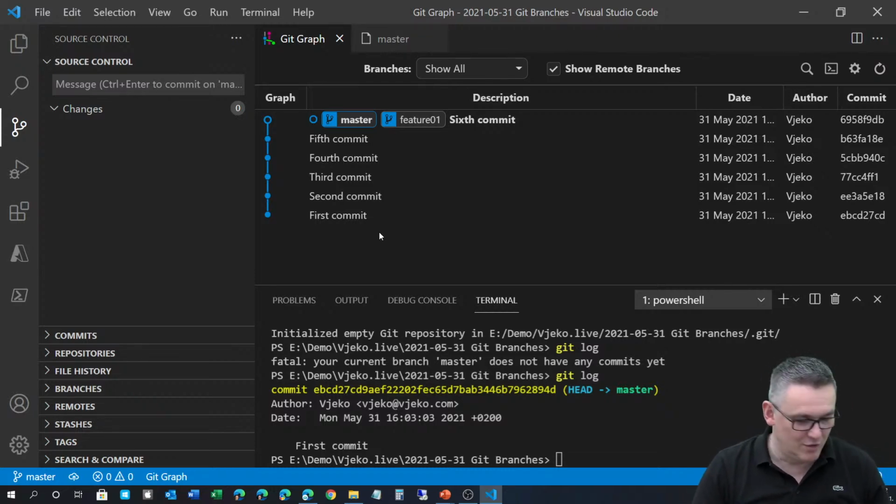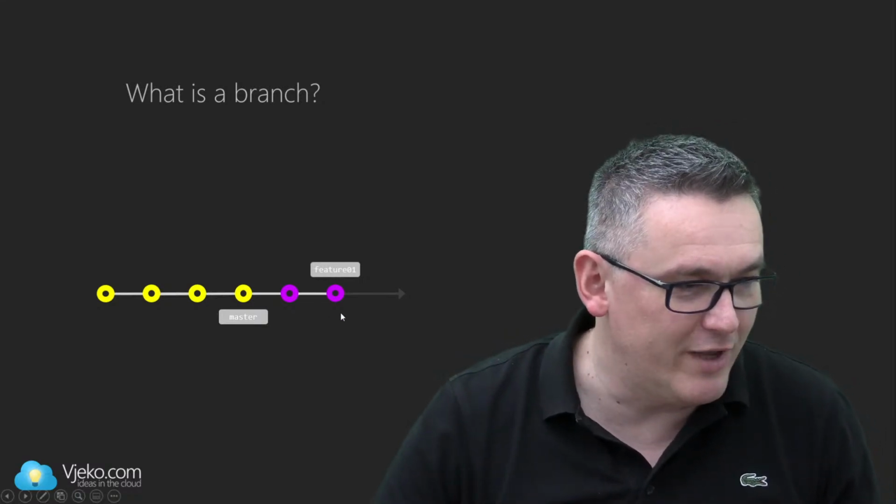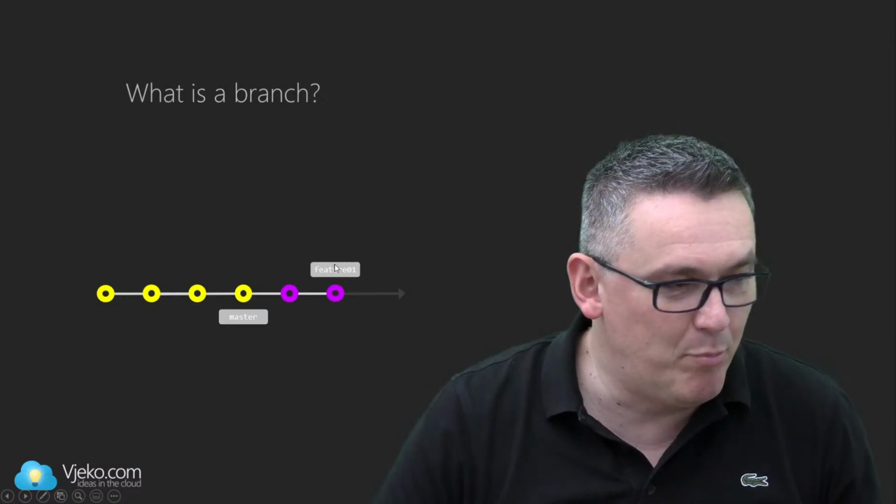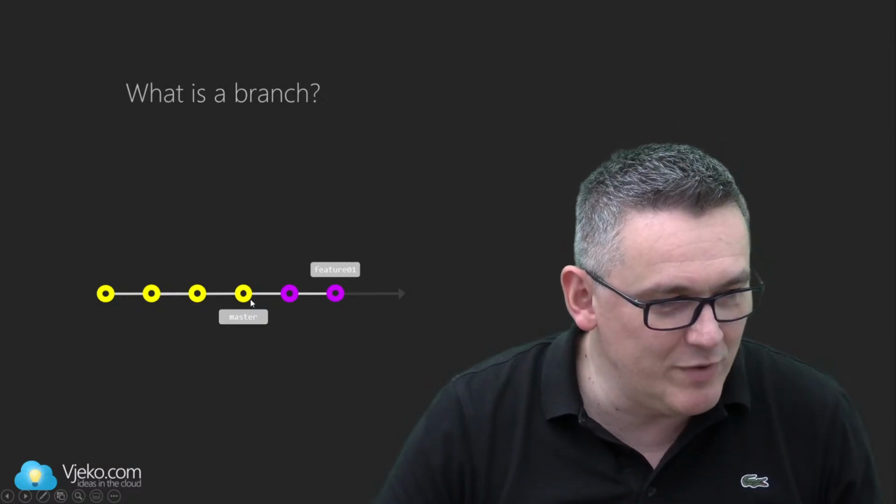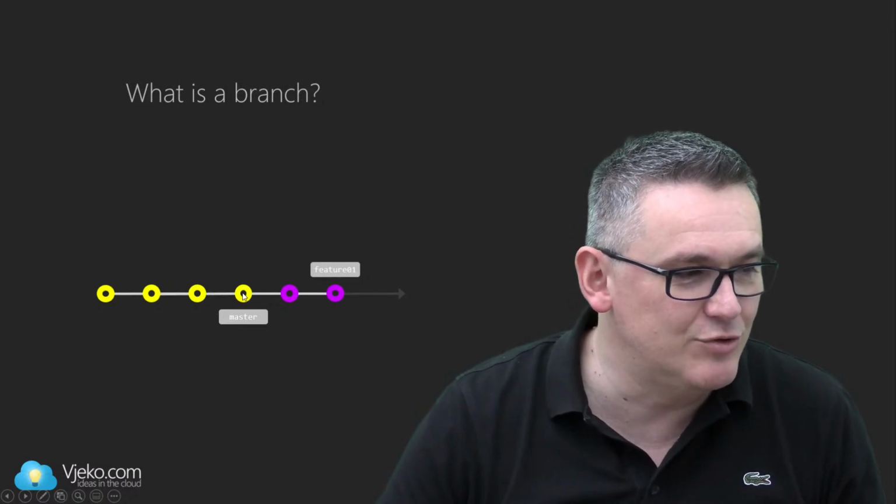So let's take a look at this graphically. This is the situation that we had before I did the merge. And as you can see, this feature branch is simply a pointer that is 2 commits ahead of master. So to merge feature into master, Git needs to do nothing else but fast forward this master tag to match the same pointer as feature 1.